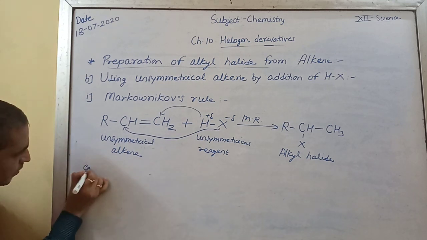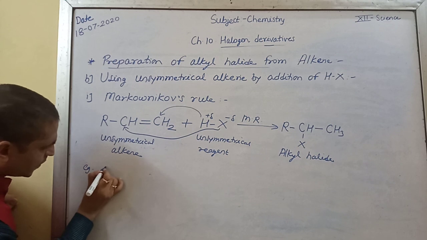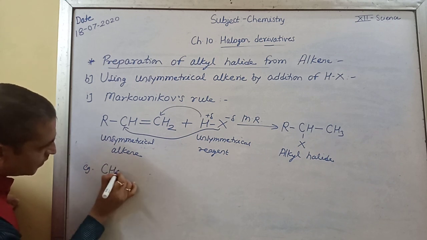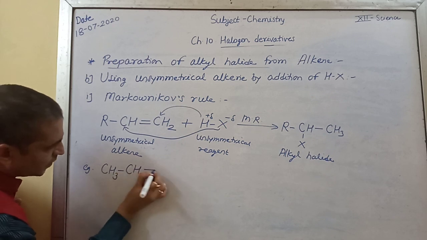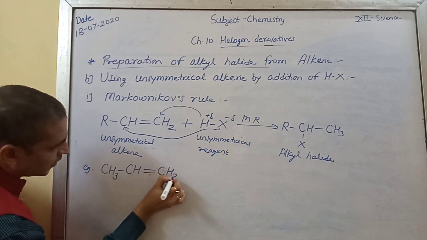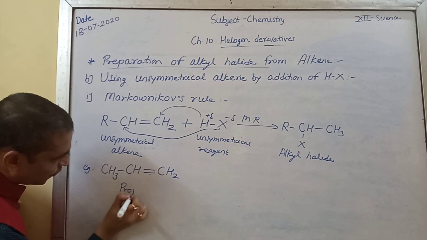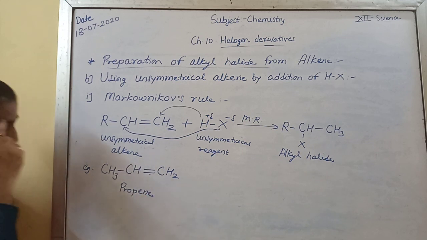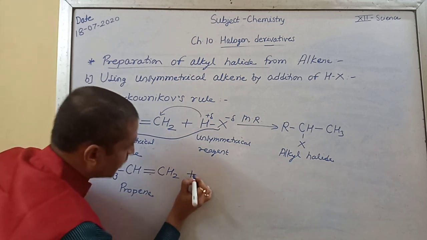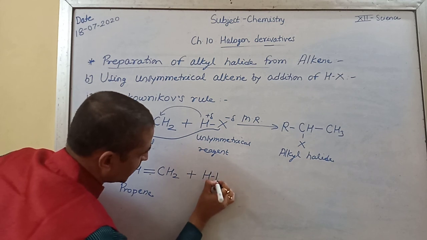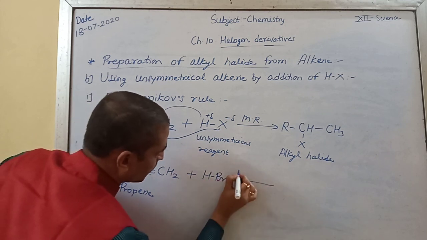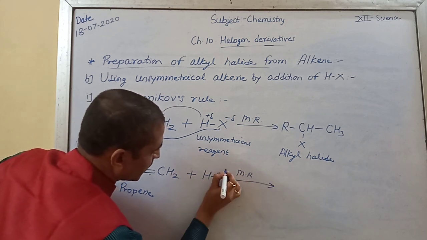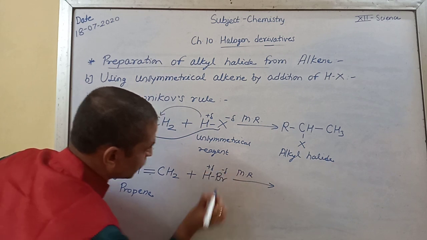See the example. CH3CH double bond CH2. This is propene plus HBr. Markovnikov rule. It is the negative part, it is the positive part.